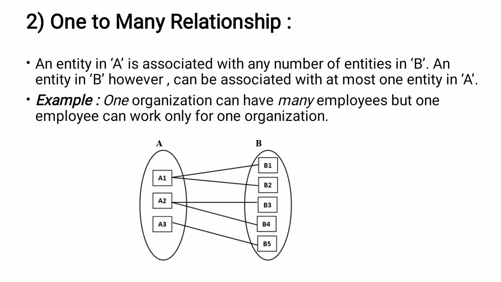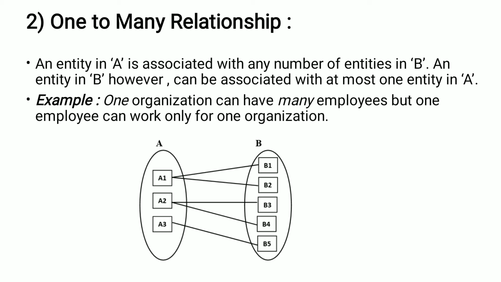Here, entity set A contains three instances, A1, A2, A3, and entity set B contains five instances, B1, B2, B3, B4, B5. A1 is associated with B1 and B2, A2 is associated with B3 and B4, and A3 is associated with B5.